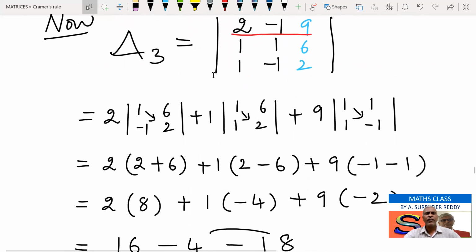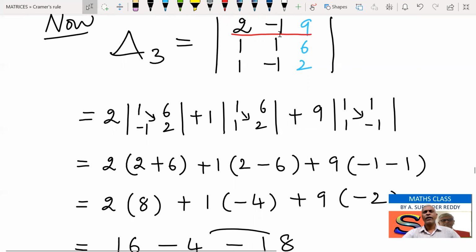Next delta 3, this is replacing the third column with D, and the determinant by using the same method. 2 into, leaving the 2 below the 2, the remaining 4; minus 1 becomes plus 1.